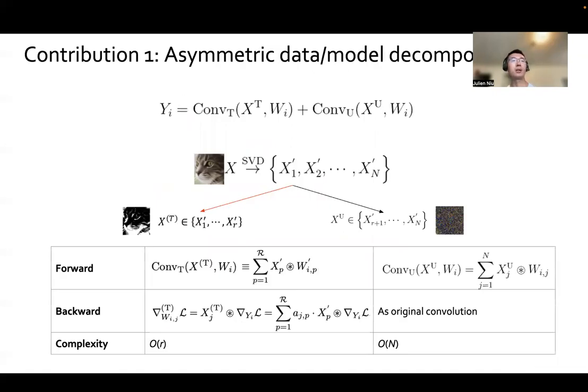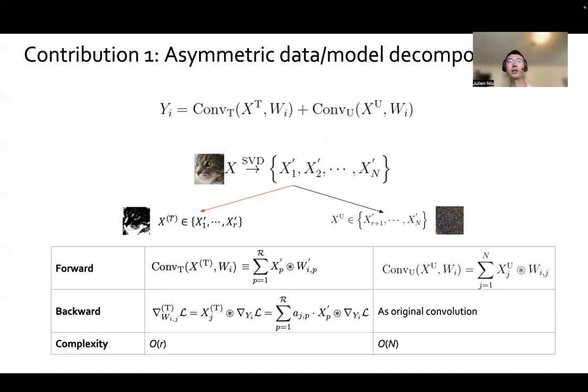Here we summarize the contributions in this paper. The first contribution is that we develop this asymmetric data and model decomposition by using a lightweight SVD algorithm. The computation complexity in the TEE increases linearly with the number of principal channels in the TEE.